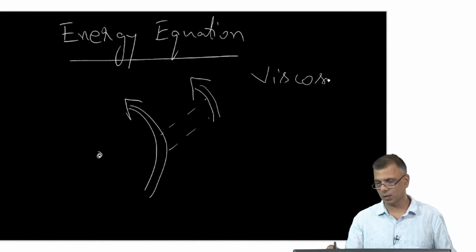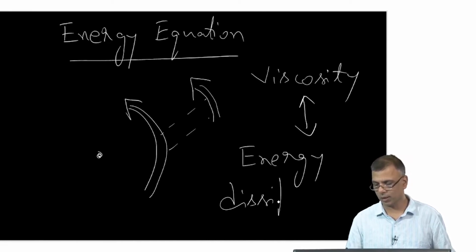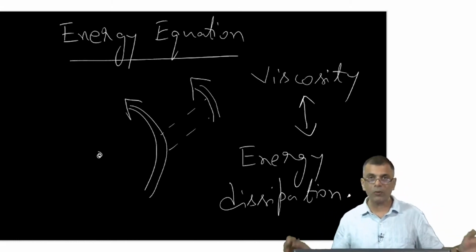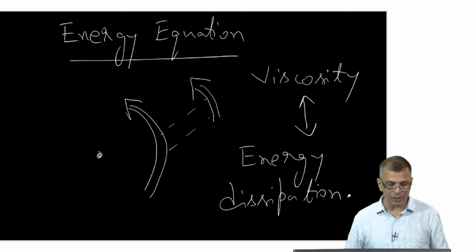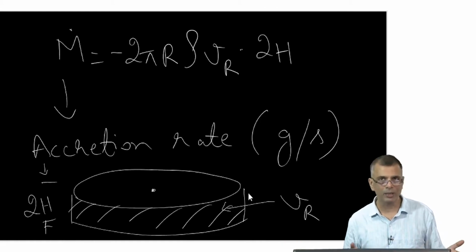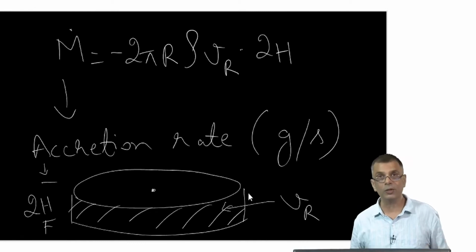Viscosity and energy dissipation go hand in hand. And why are we interested in energy dissipation? Well, that's the whole point, isn't it? Accretion disks that look like this can be accreting, anything can be happening. We are not in a position to go to the active galactic nucleus and see what's going on.